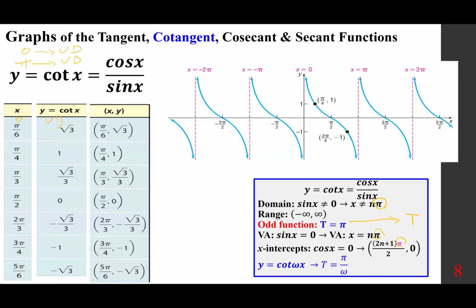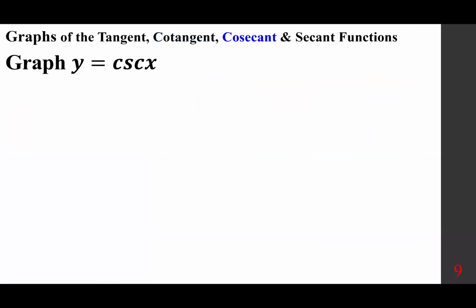So very straightforward. For tangent and cotangent, that's the change you make. Let's go with y equals cosecant x.